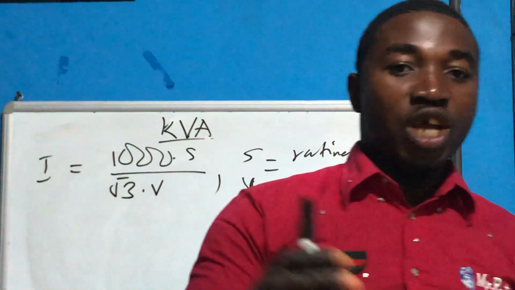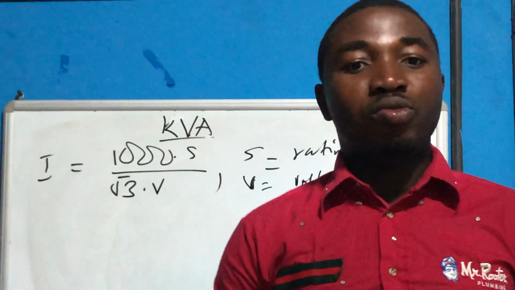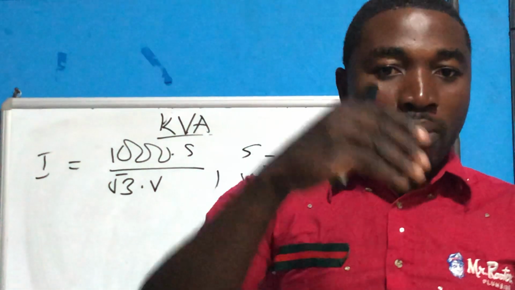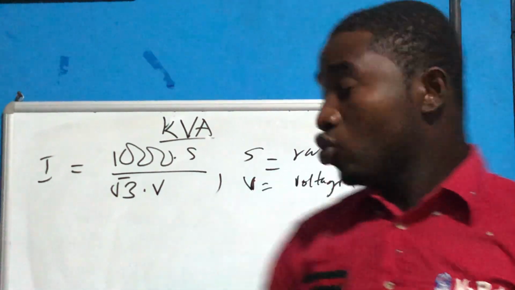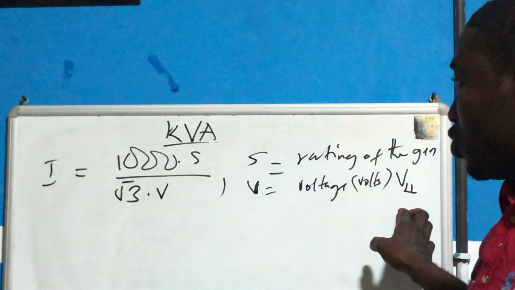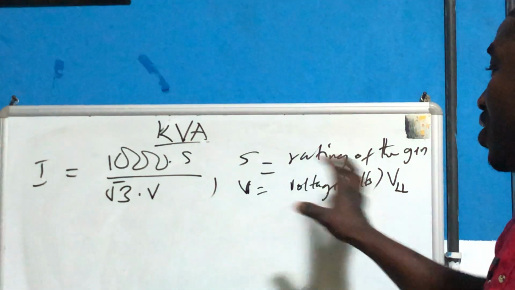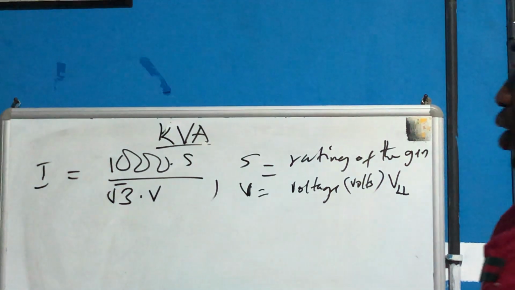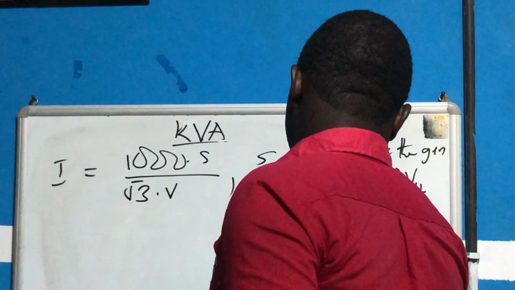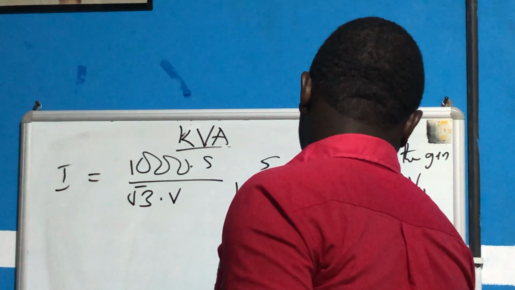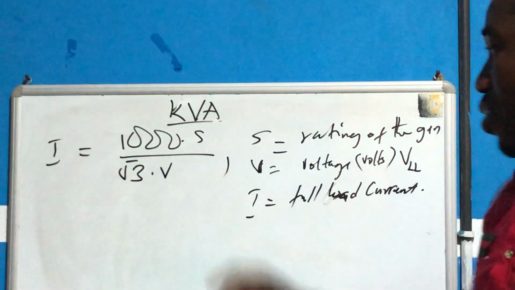It can be red and yellow, or red and blue, or in our new color coding, brown and black, or brown and gray. So that is line to line voltage. The voltage here is line to line voltage since it's three phase, and the I is the full load current.